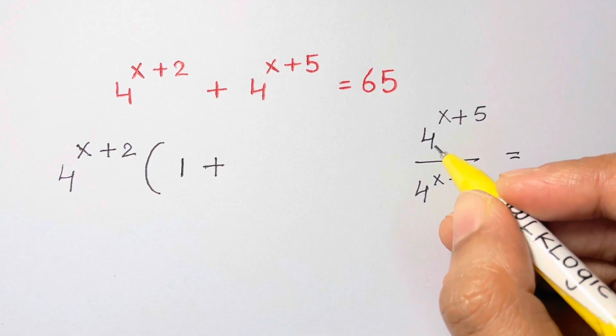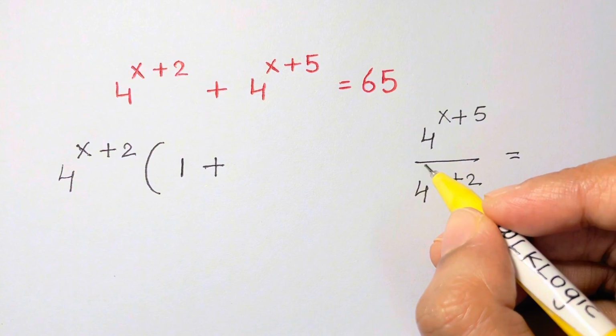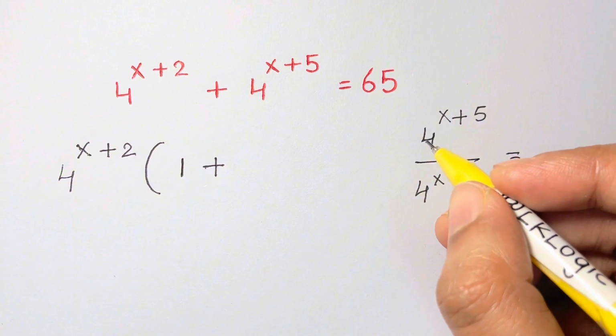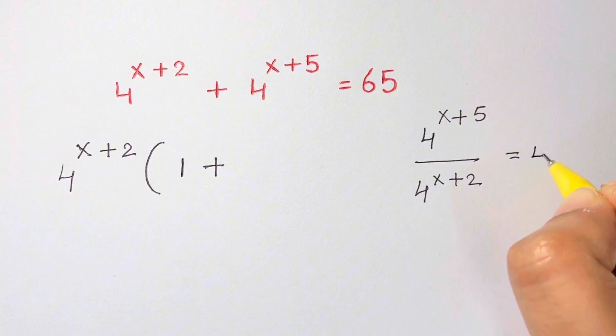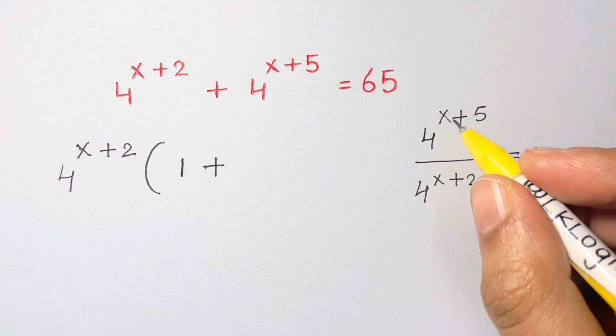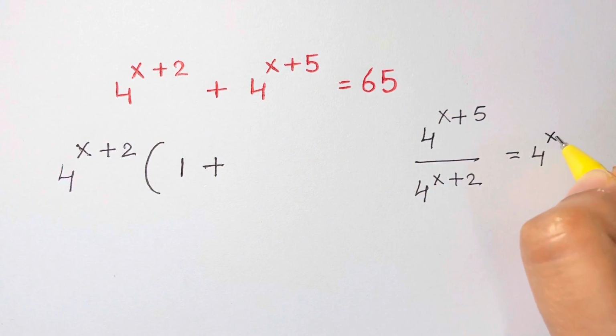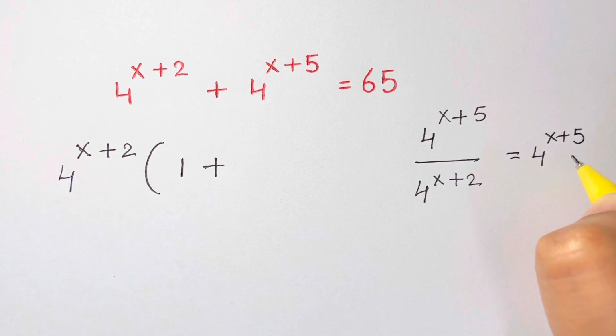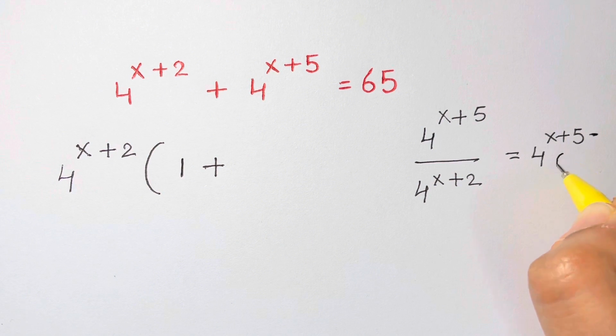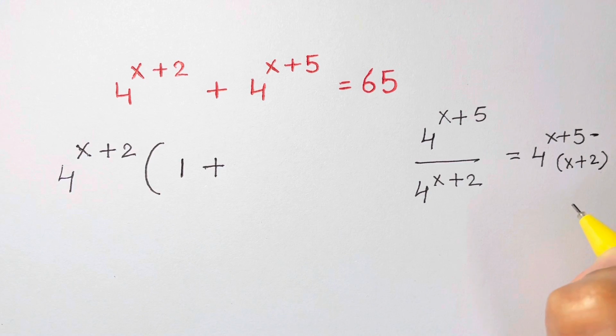So what happens here? You have the same base and there's division between them. So you copy down your base, that is a 4, and you subtract the powers. So here I have x plus 5, then you have minus, and you keep this in parenthesis, the other term x plus 2.